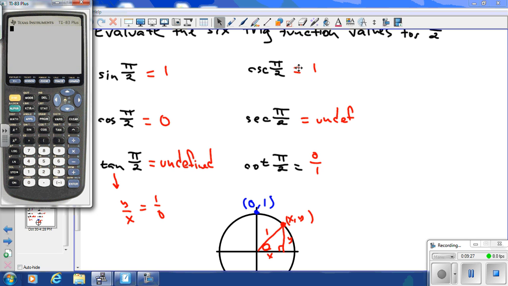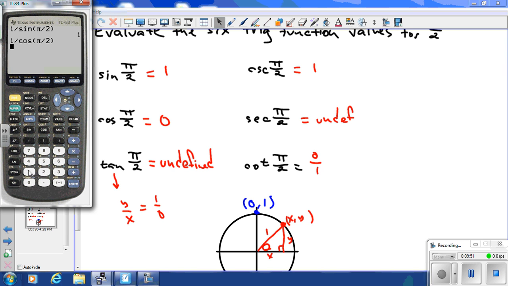Let's go over here with cosecant. How do I type that in? That's the inverse of sine, so I type in 1 divided by the sine of pi over 2. I get 1. There we go. The secant is 1 divided by cosine. That's going to be undefined. All right.